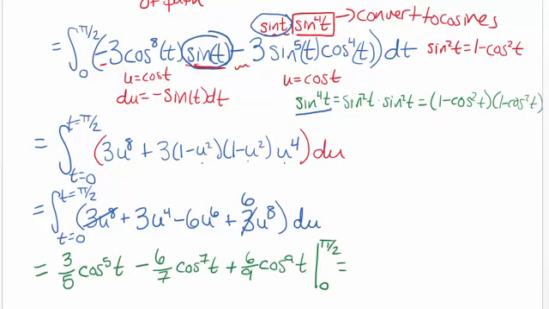So applying the power rule to this, converting all the u's back to cosines, then I'm ready to plug in my bounds. If I plug pi over 2 into all of the cosines, that's all going to be 0. So when evaluating, I'm going to come up with 0 minus, and then when I plug 0 in, all of the cosine pieces are going to come out to 1.